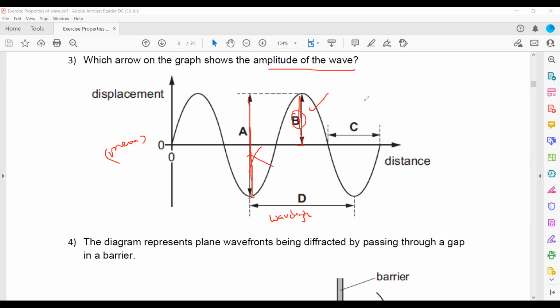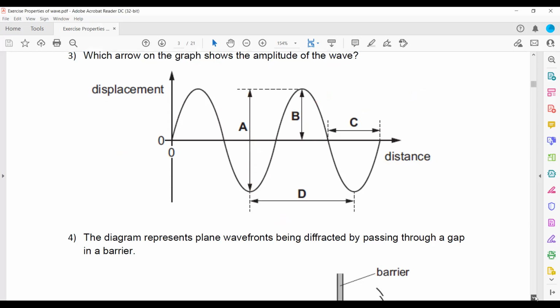It's half of the wavelength. So that's why B is the next one.